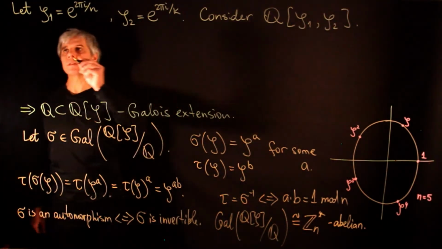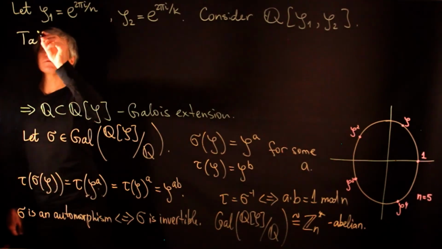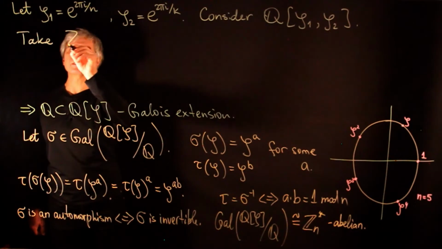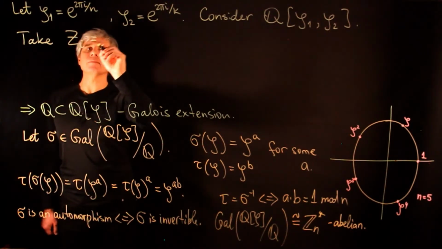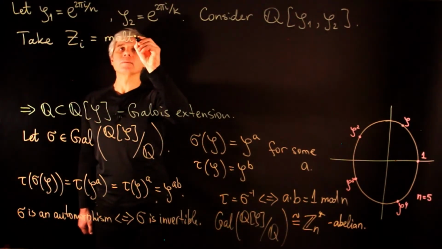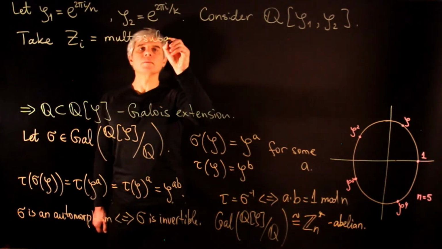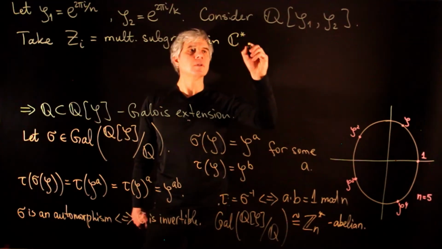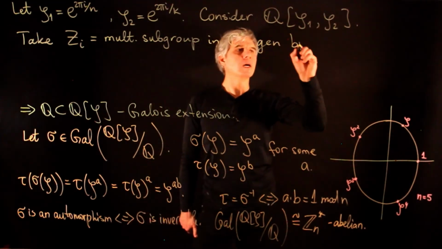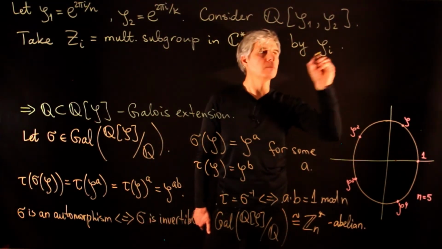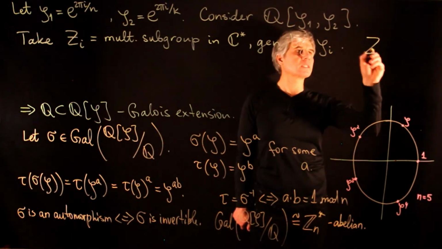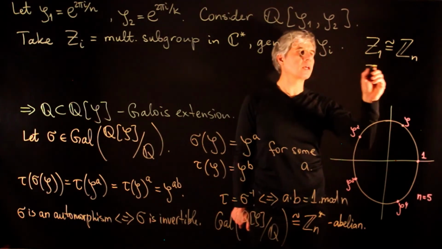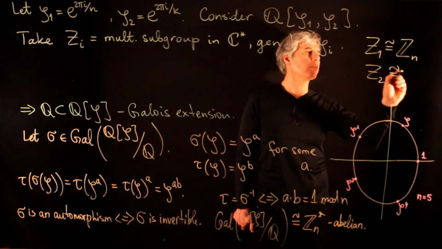To understand this field, we take multiplicative subgroups generated by these two complex numbers. So let Z_i be the multiplicative subgroup in C star generated by zeta i. Of course, we have that Z1 is isomorphic to Zn and Z2 is isomorphic to Zk.